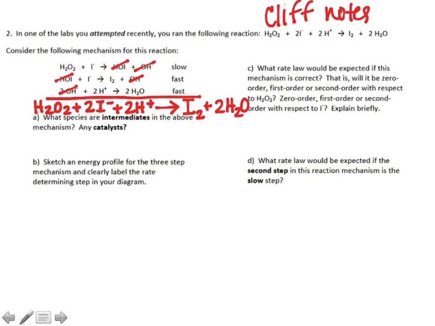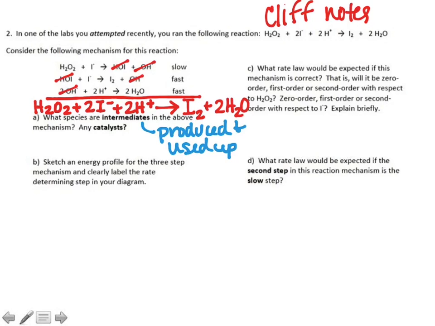Okay, so once we've figured out that everything looks okay, we want to answer the question: what species are intermediates in the above mechanism and what are catalysts? What do you think an intermediate would be? A stage between. Okay, intermediates are produced in the reaction and used up.